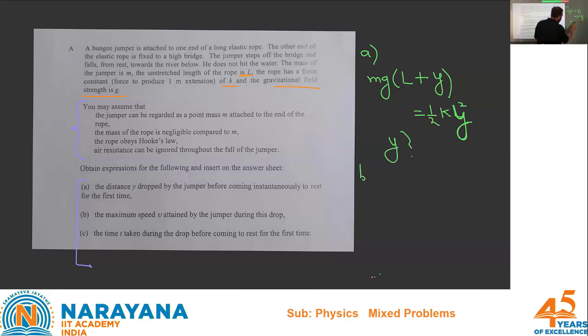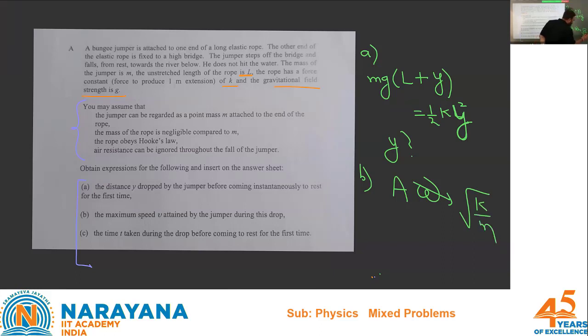Just the C part of the question is what I am more interested in. B was the maximum speed during the drop. What should I have written? Directly, I could have written A omega. Omega is simply root k by m.